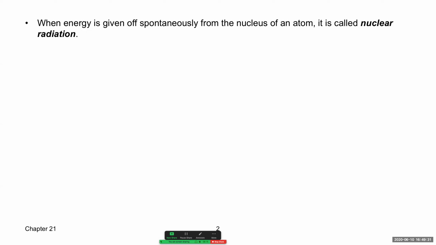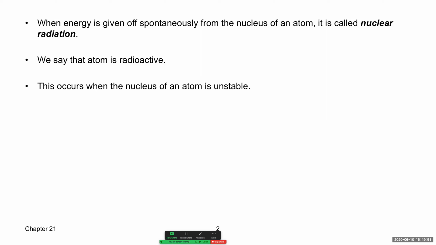But this radiation we're talking about now specifically comes from the nucleus, so it's called nuclear radiation. When we have an atom that is producing nuclear radiation, we call that atom radioactive. And not all atoms are radioactive. The radioactivity occurs because the nucleus is unstable.